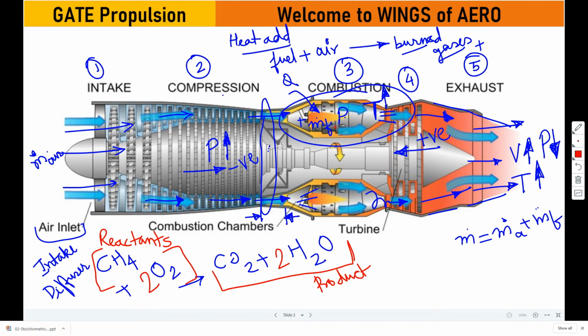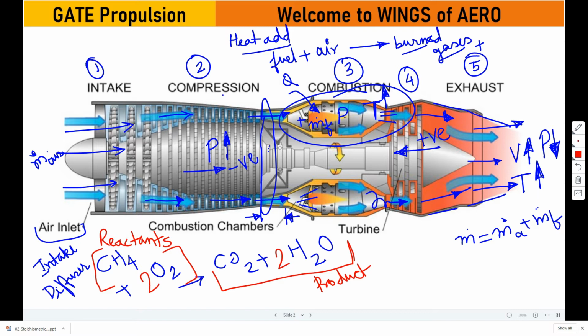Here the reactants are the aviation fuel being added and the pressurized air, and whatever expels out through the nozzle will be the product. Now here we have to see how much heat of reaction there is.